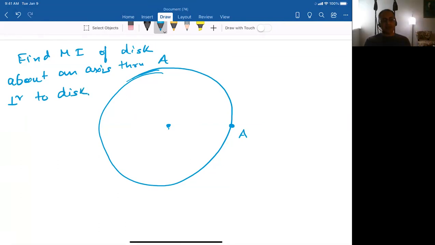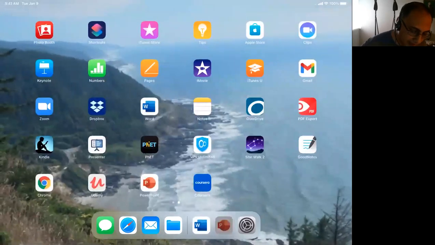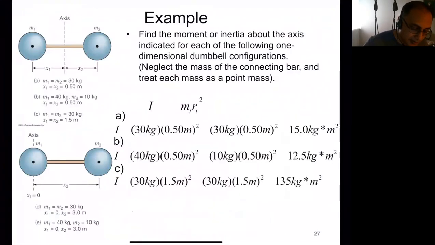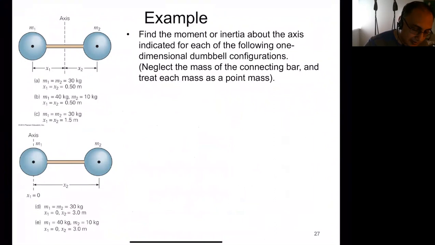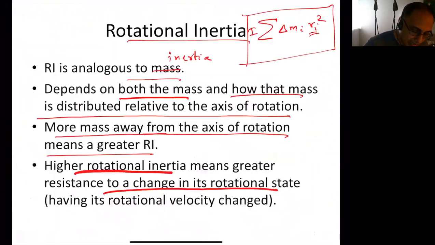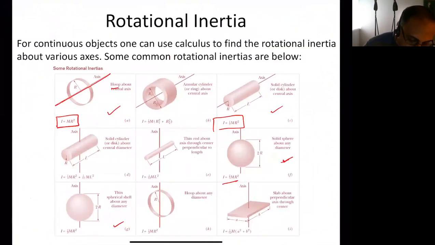All right. Now, so you go to the table. So let's go to the table and see what we can find out. So we go to the table, which is right here. And so solid cylinder or disk. So this is the one that we want to look at over here. And we find that the moment of inertia is half m r squared, but the axis happens to be the one that passes through the center of the disk or the cylinder, right?